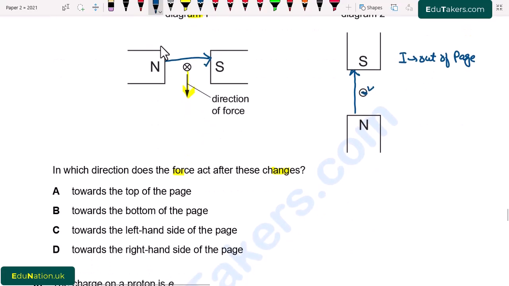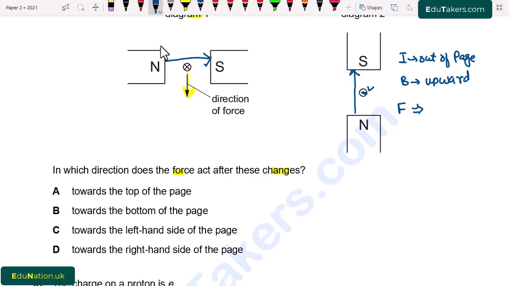So first of all, I write here current is out of page and magnetic field is upward. So we have to find out the direction of the force. Here I rotate my right hand from the direction of current towards the direction of the magnetic field. Then my thumb will indicate the direction of the force.